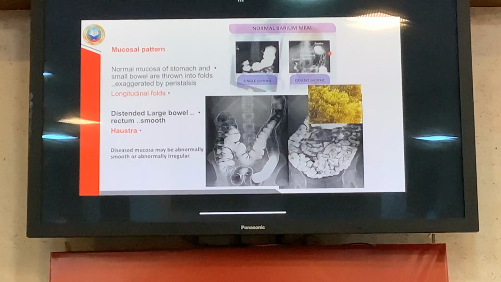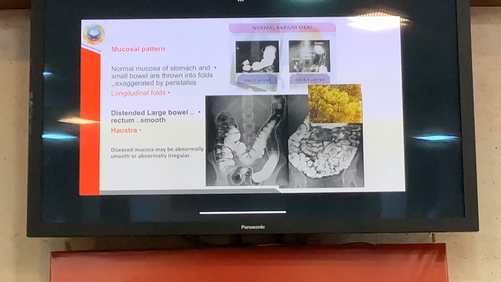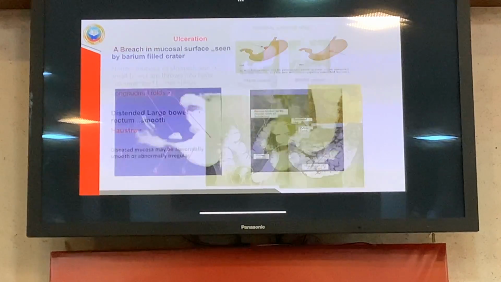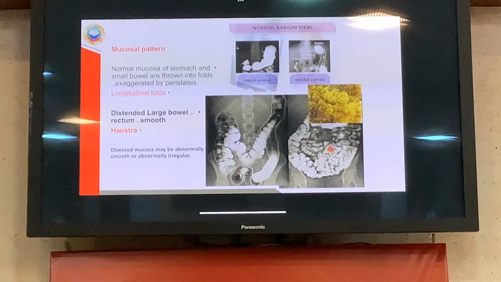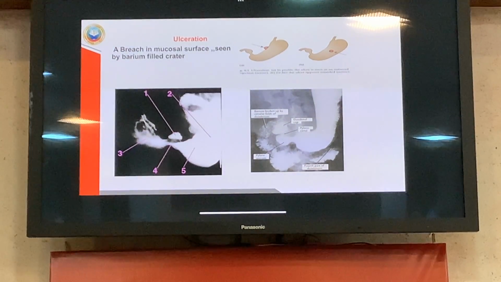Gastric rugae. And this is the haustra of the large bowel. And this is small bowel follow through, and this is the mucosa.